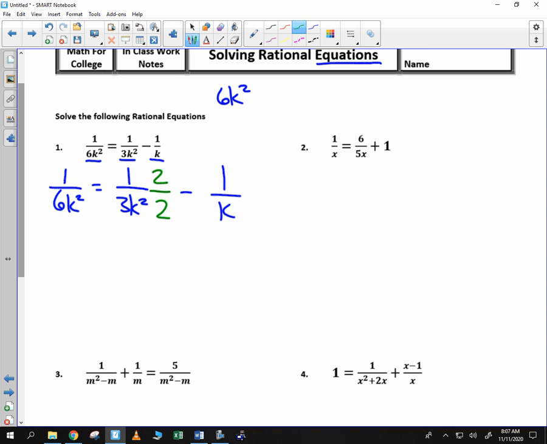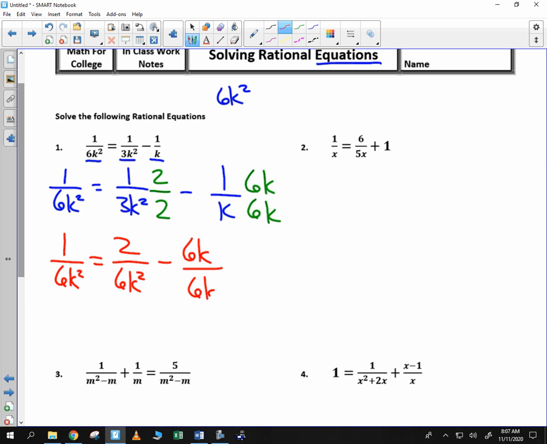What we would multiply k by would be 6k, and that would give us 6k squared. So look at what you now have. 1 over 6k squared is equal to 2 over 6k squared minus 6k over 6k squared.